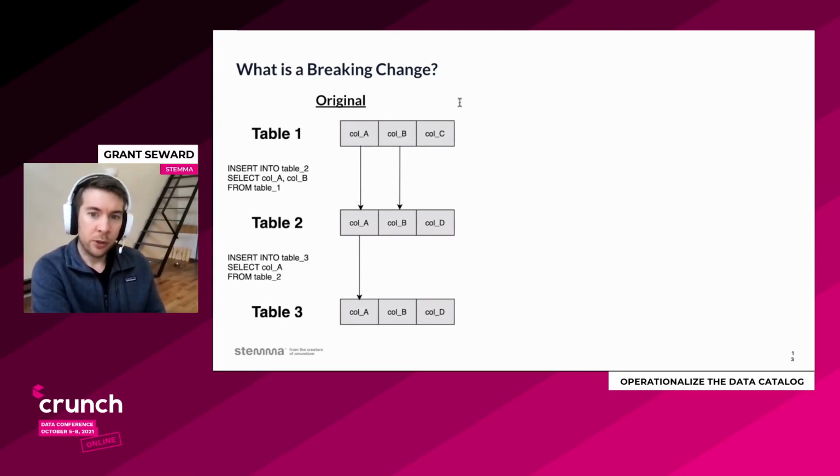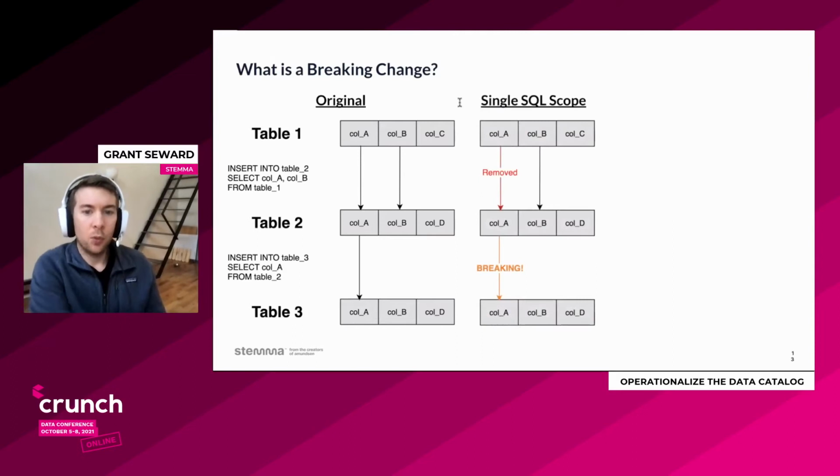Script 1 inserts columns A and B from table 1 into table 2, and script 2 inserts column A into table 3 from table 2. The change we're going to make here is that we will no longer be inserting column A from table 1 into table 2. And we'll also eventually be removing the insert from table 2 into table 3.